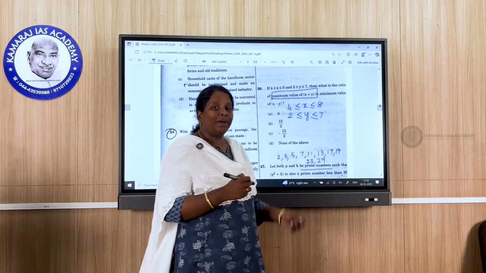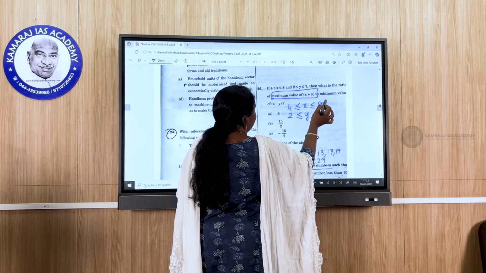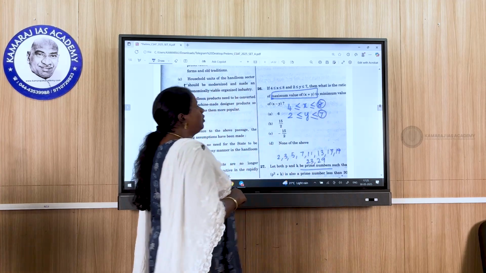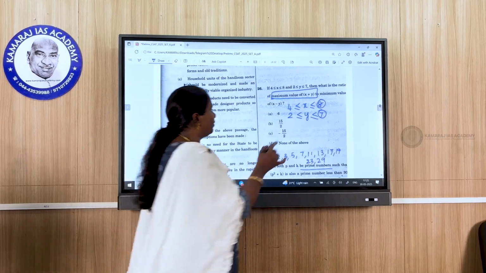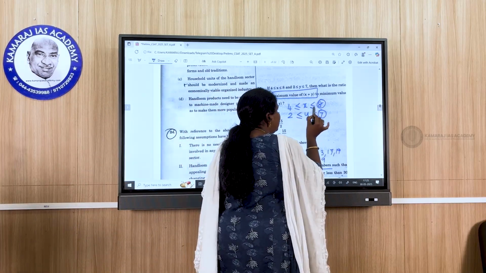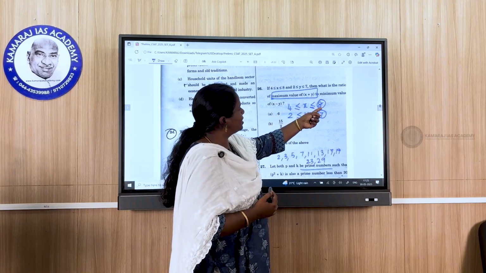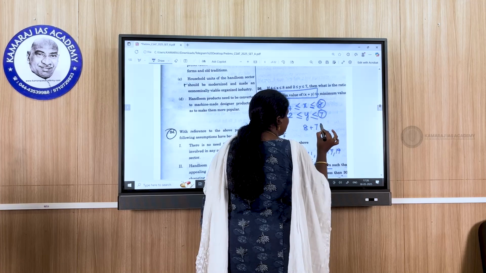What is the maximum value of x plus y? Maximum value of x is 8. Because you have the symbol greater than or equal to, you can take 8. So maximum value of x is 8 and maximum value of y is 7.